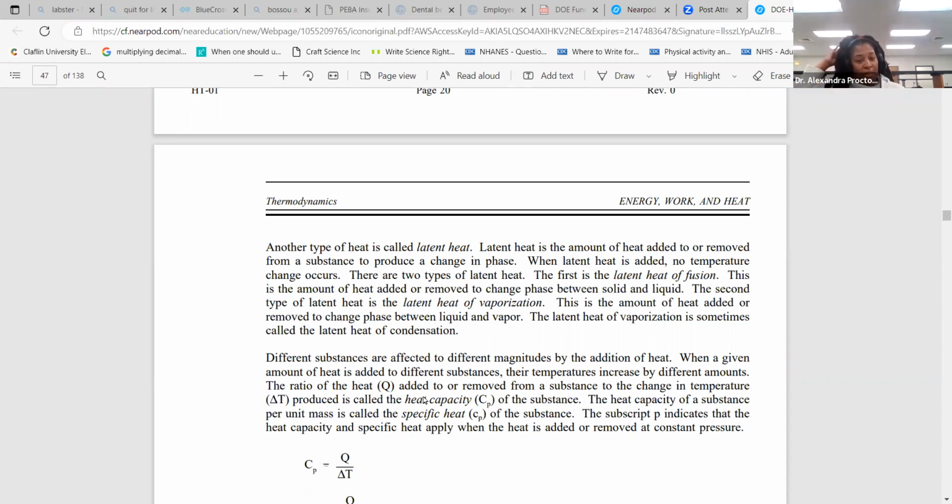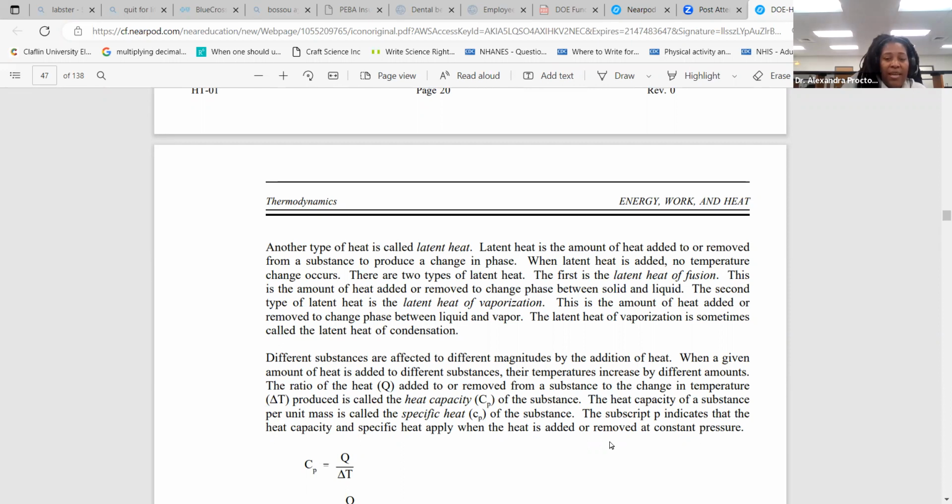The ratio of Q, capital Q, added to or removed from a substance to the change in temperature, delta T, produced is called the heat capacity of a substance. And the heat capacity of a substance per unit mass is called the specific heat of the substance.